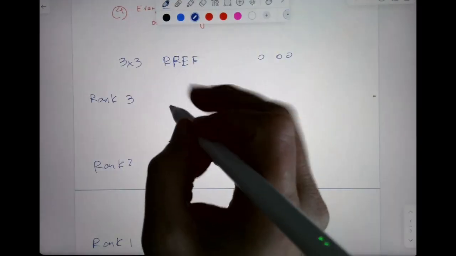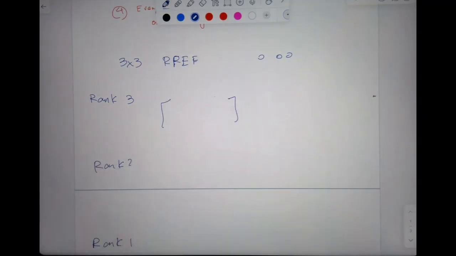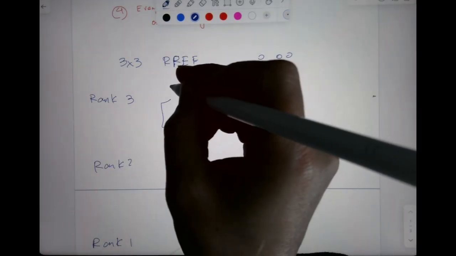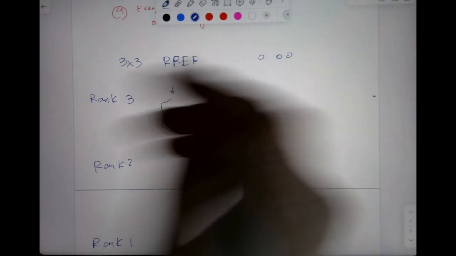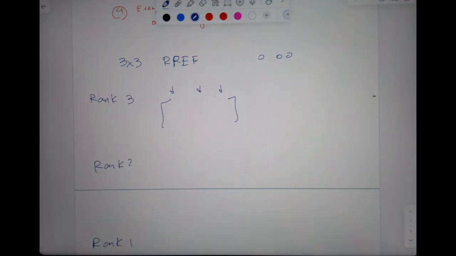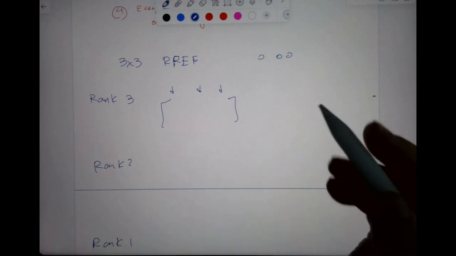So basically, when it's rank 3, I know that at each row I have a leading 1. And that means that let's look at the columns. There are 3 columns, and I cannot have 2 leading ones in any of the columns.